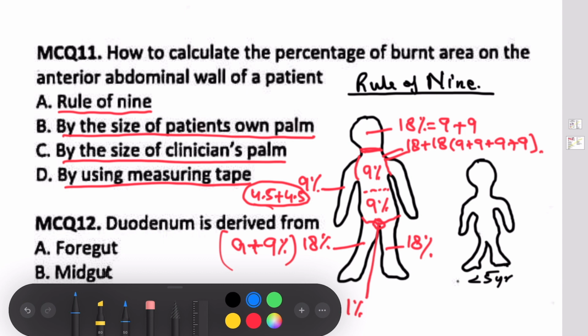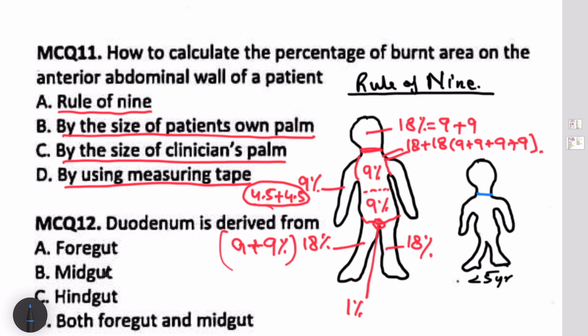So here the percentage area, because the head in a child compared to an adult is large, in a child it is 18 plus 18. The front and back of head and neck together is 18 plus 18, and the same will be the case for this trunk. This also will be 18 plus 18.